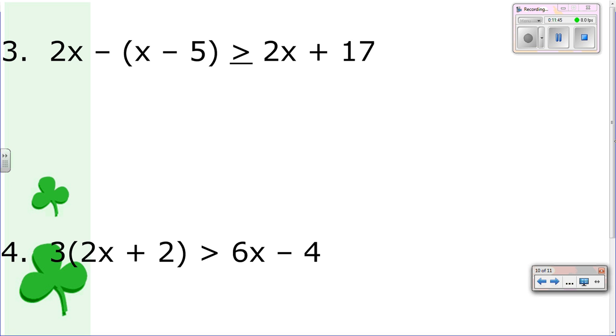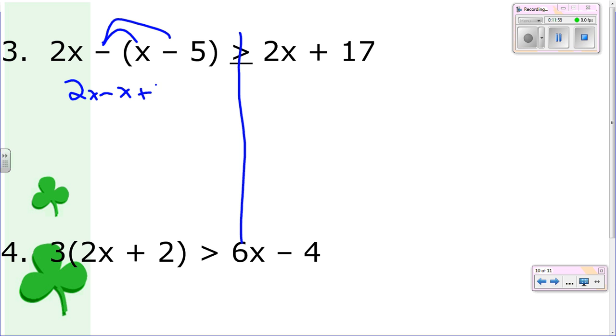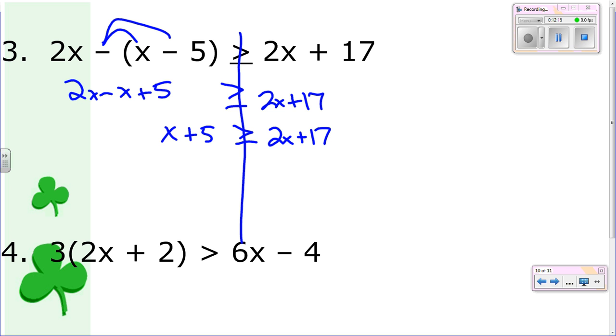Number 3. Drew the line in. Got to distribute this negative first. So it's going to give you 2x minus x plus 5. It's greater than or equal to 2x plus 17. Now 2x minus x just gives you x plus 5 is greater than or equal to 2x plus 17.